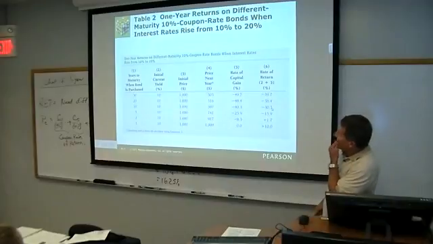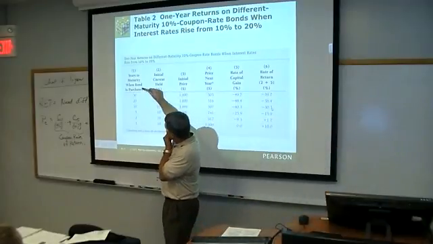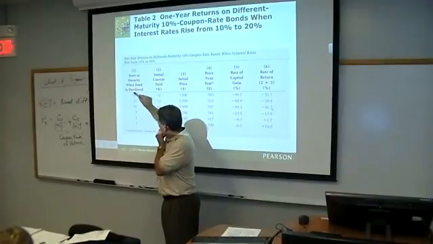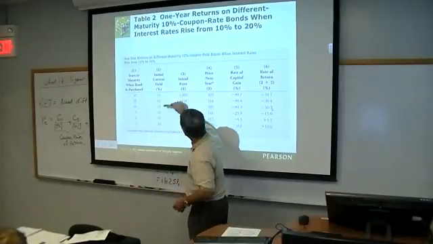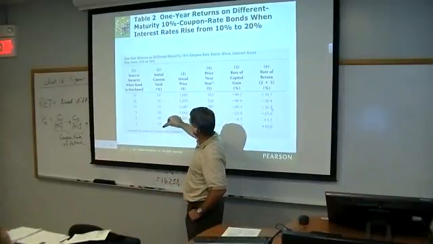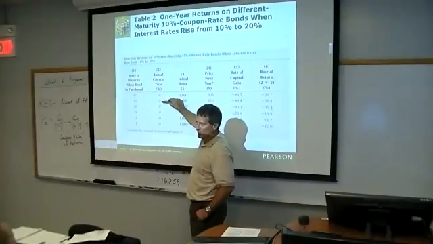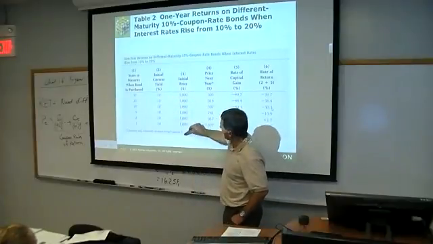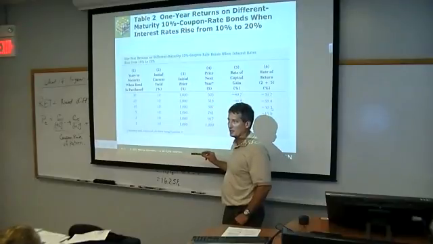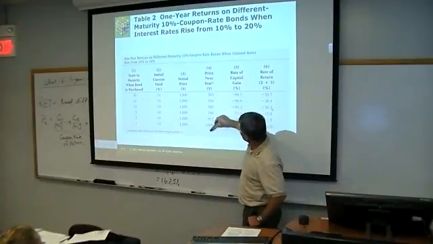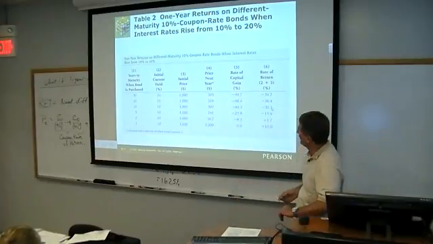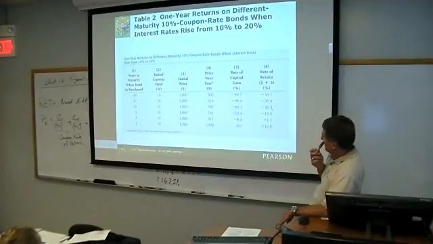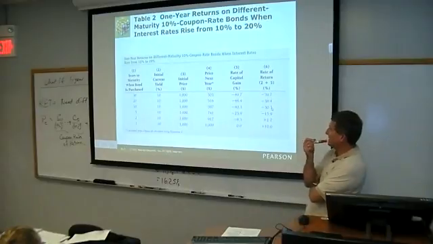Okay, years to maturity. So if we're 1 year out or 30 years out, remember that's the whole purpose of this chart, showing you different maturities. Initial current yield, they all initially started off at 10%. Initial price, all of them were $1,000. So then the price next year is where we get kind of weird on us here. What's going on there? The price next year.